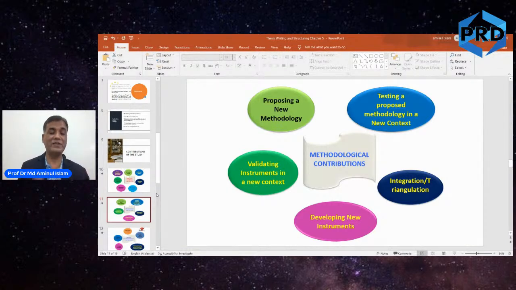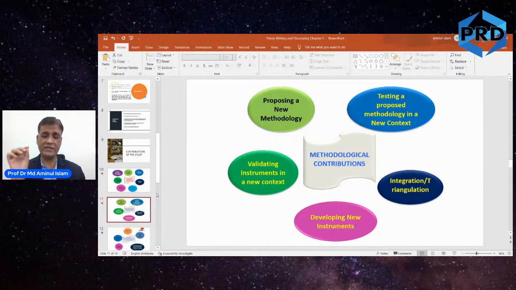So that was a methodological contribution, okay? So something that is different. So you're proposing a new methodology. It could be testing a proposed methodology in a new context. A methodology being used before in only one premise, one research premise. So now you are testing it in your new context, okay?